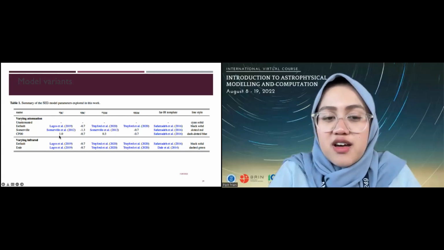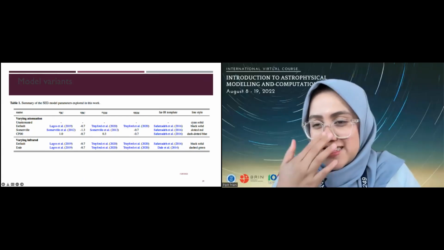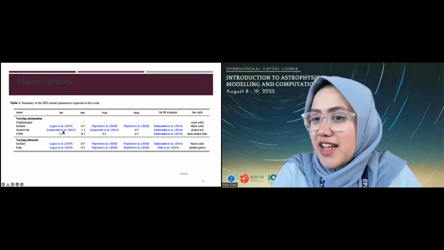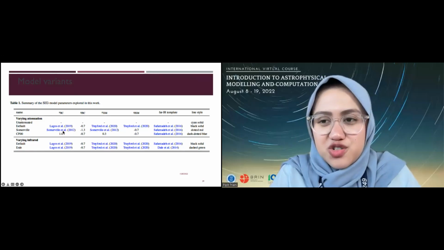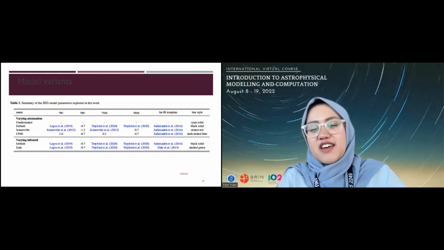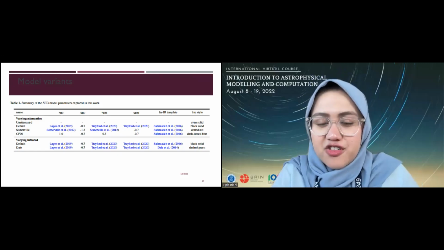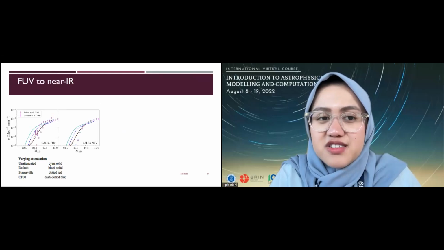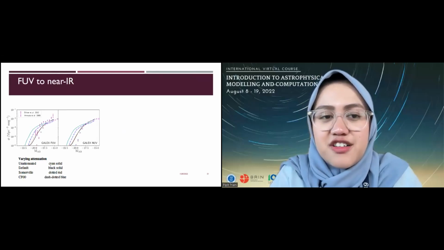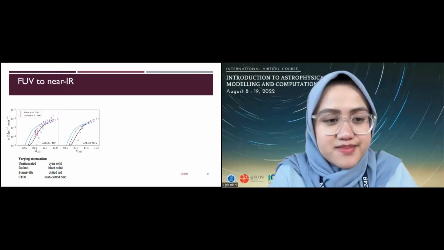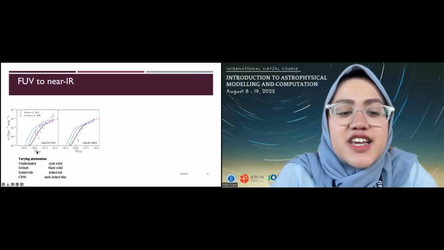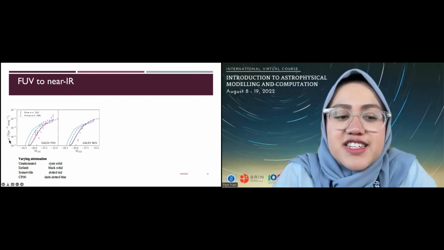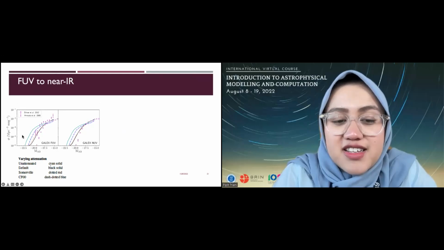I have one model here that uses a single value for all galaxies, which is the approach usually adopted by observers. And we see that at redshift 0, these are the far ultraviolet to near infrared luminosity functions, right? This is the AB magnitude, and this is the number density of galaxies.